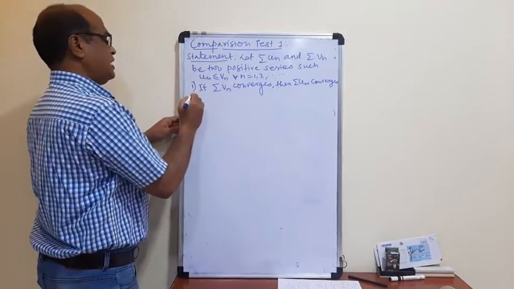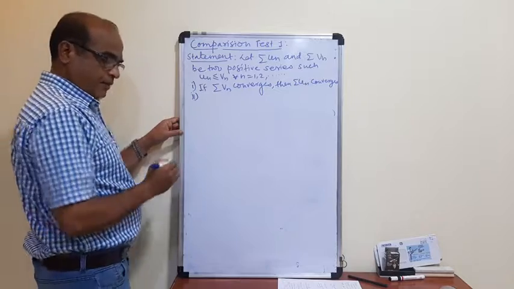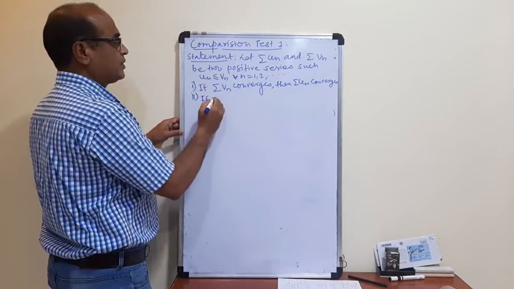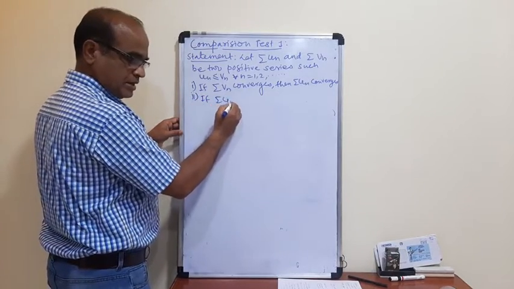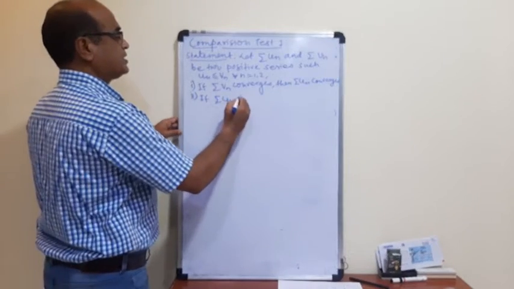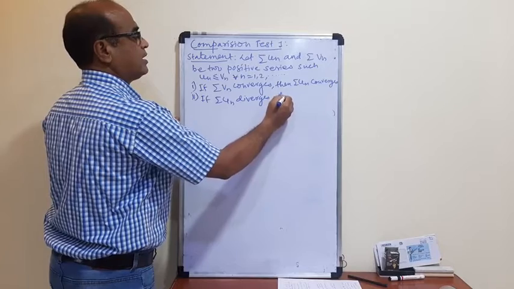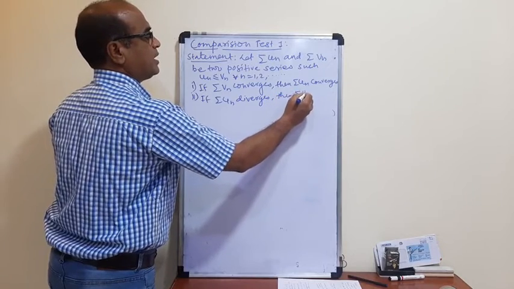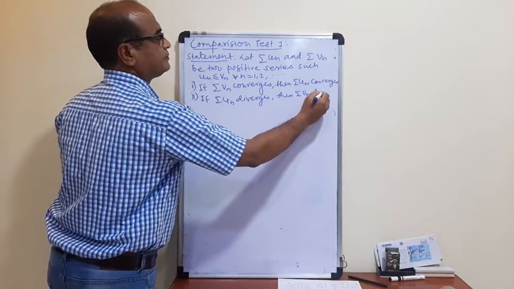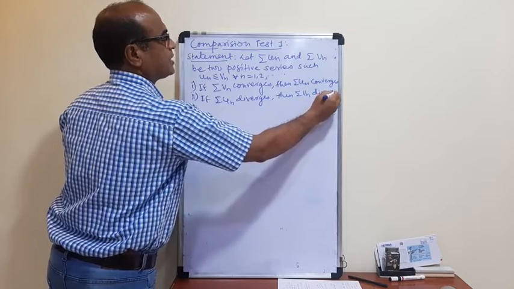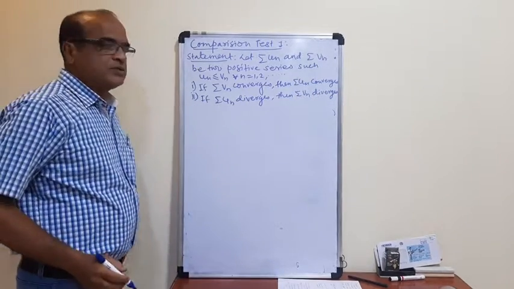And what is the second? If the series un diverges, then the series vn also diverges. So this is comparison test 1 here. So what is the statement?